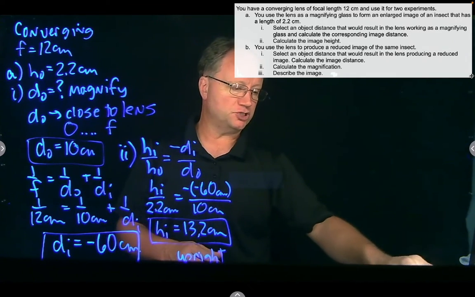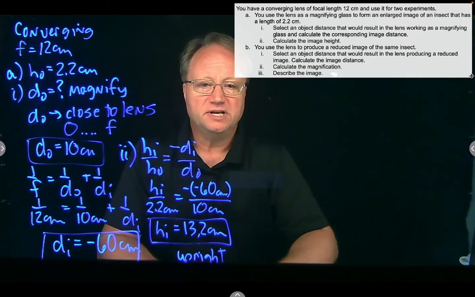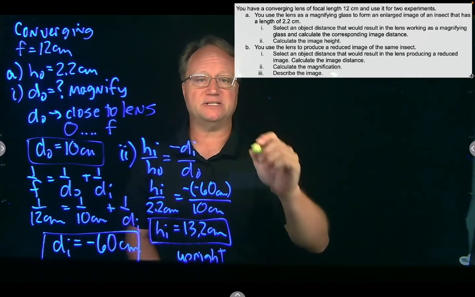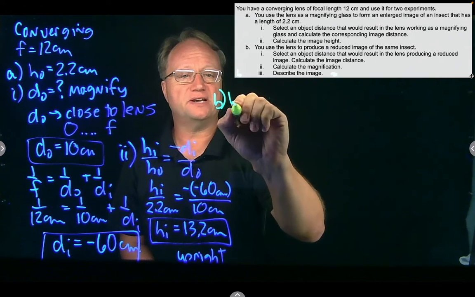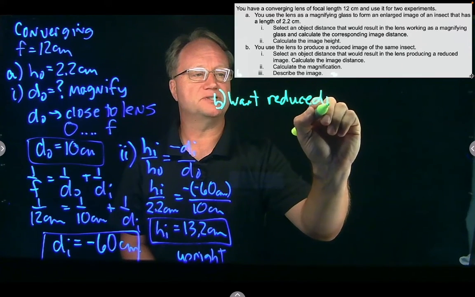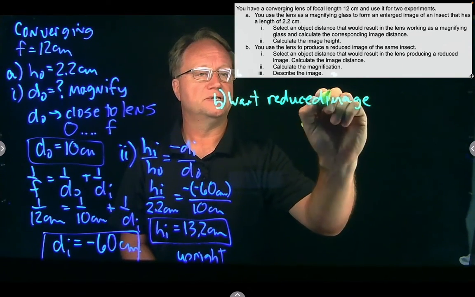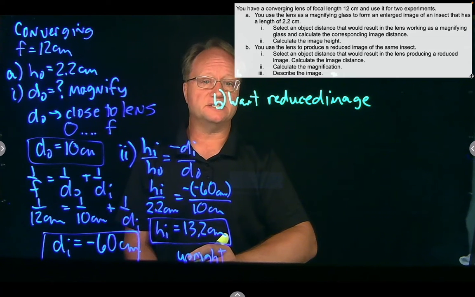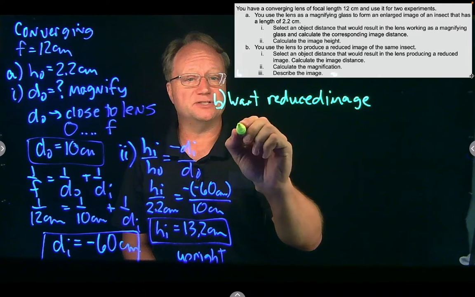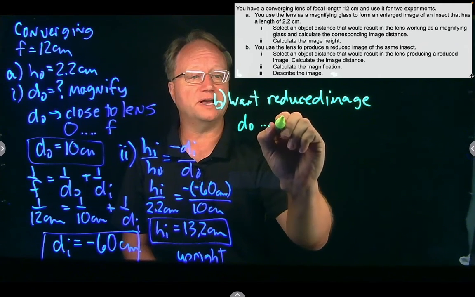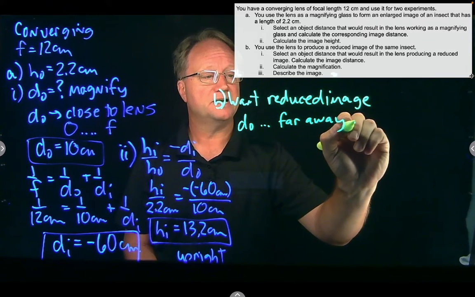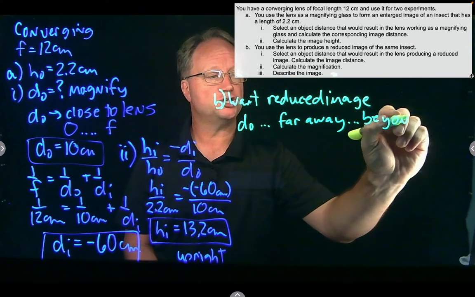Now, experiment 2 in part B. You use the lens to produce a reduced image of the same insect. So now we want a reduced image. Well, given that we have a converging lens, the only time we produce a reduced image is when that object is relatively far away, specifically beyond 2f.